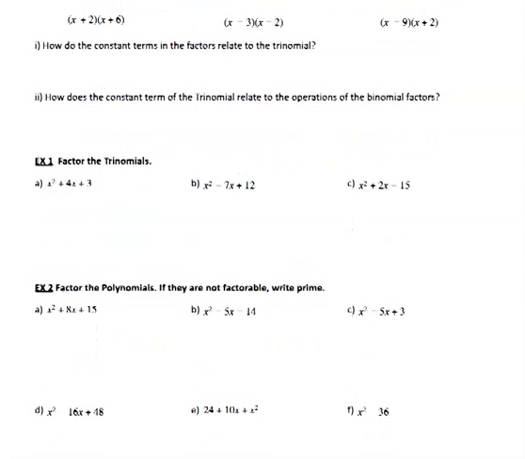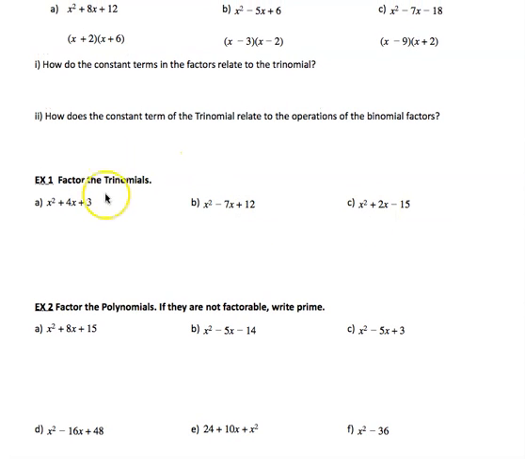Like what we talked about in the last lesson, all of factoring you should be able to check, because if I go to FOIL these two binomials, x times x for the F, x times 6 for the O, 2 times x for the I, and 2 times 6 for the L, notice like terms in the middle give me 8x, and I'm back to my original. So that's one thing I just really can't say enough, is that you should always be able to check your answers and know if they are correct.